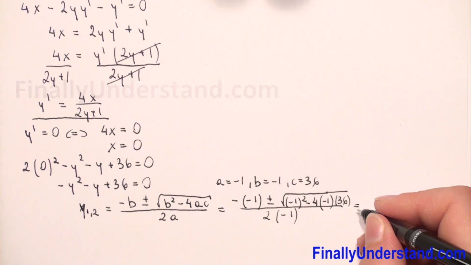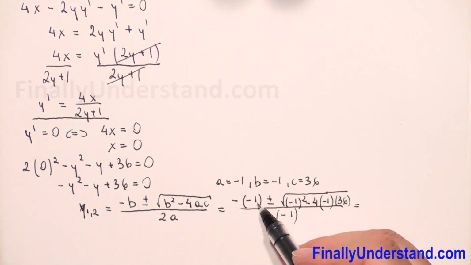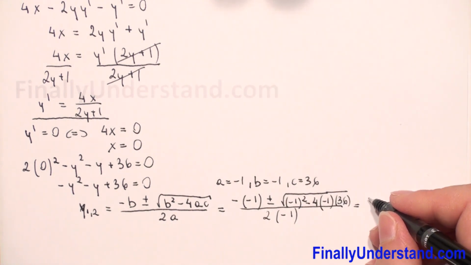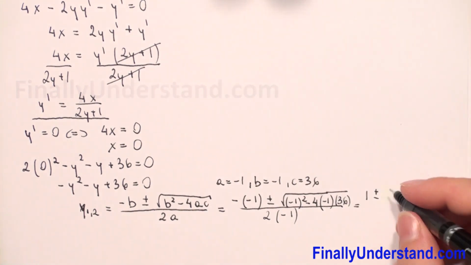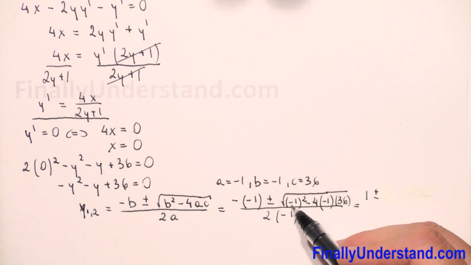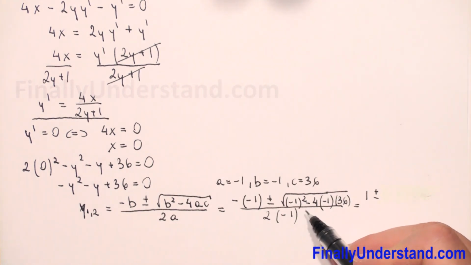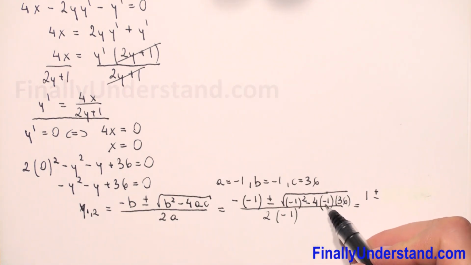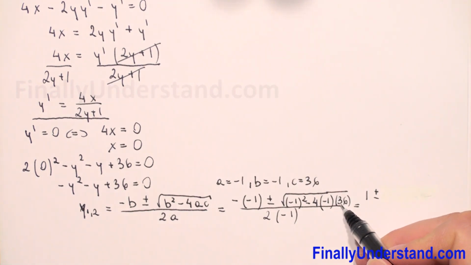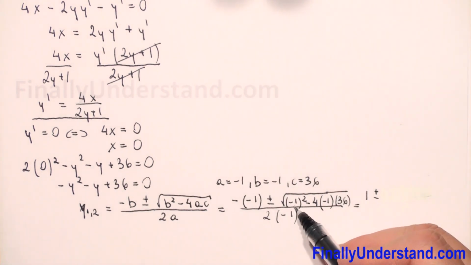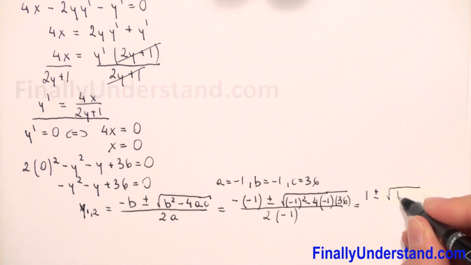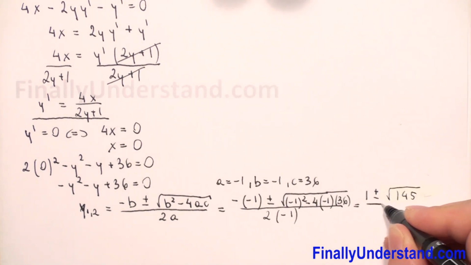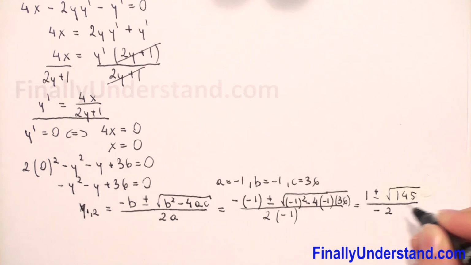So this is equal to: negative and negative give me positive. So we have 1 plus minus, and negative 1 to the second power is 1. Negative times negative is positive. 4 times 36 is 144, plus 1. It will be 145. So we have the square root of 145 over negative 2.